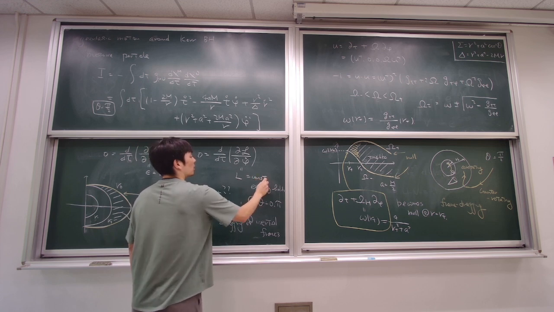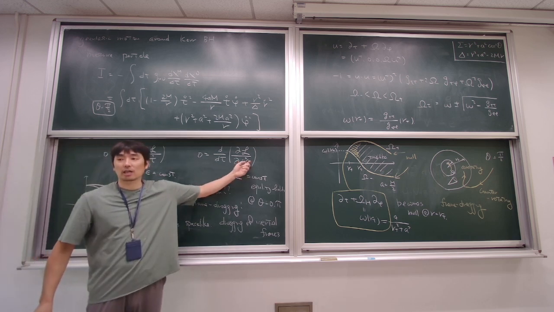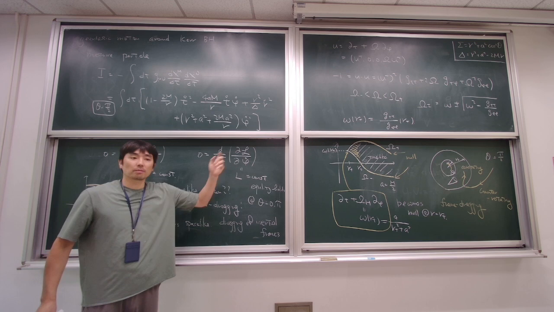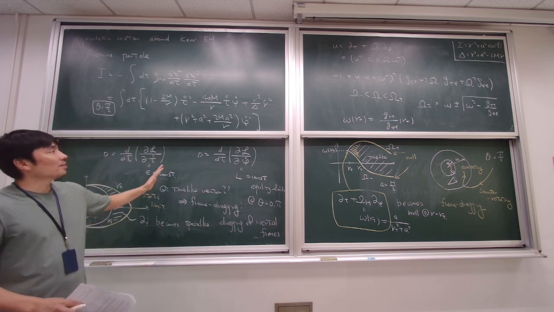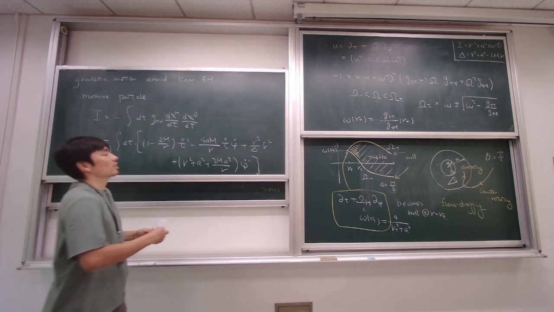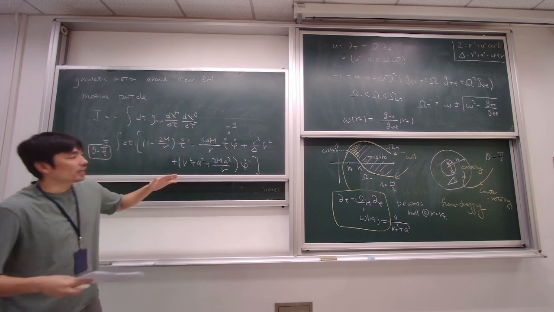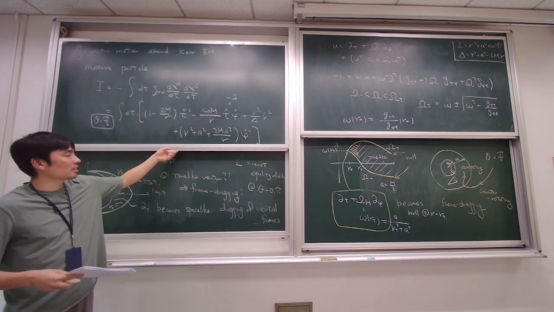These are constant quantities. Roughly speaking, this is the energy, and this is the angular momentum. And the geodesic normalization is equal to -1 in the case of a massive particle.